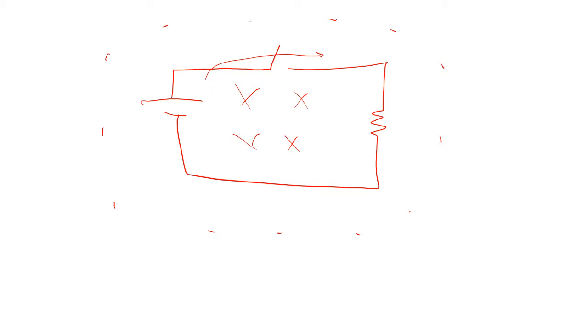Well, what if there was another circuit inside here like that? Now, before you turned on the current, there was no flux in there. Then you turn on the current, and now there's a flux. And so we know from Faraday's law that a change in flux is going to produce an EMF.